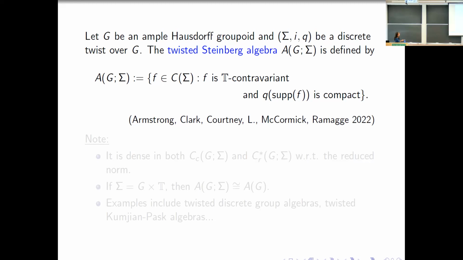The reason I write the Q-support of f is that f is a function defined on sigma, and compactness may not mean much when you look at the support on sigma itself. That was the reason we ask that when I map it by the Q map to the original groupoid G, this needs to be a compact set sitting inside the groupoid G.